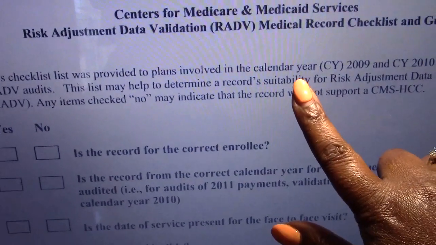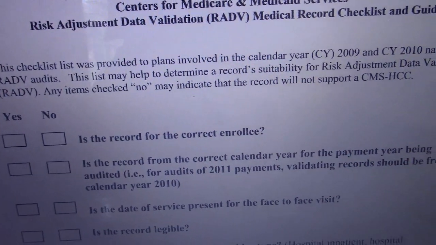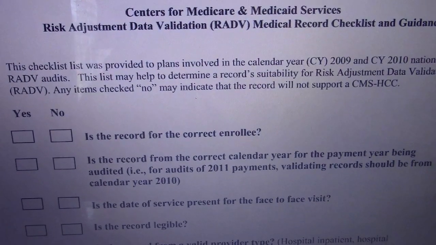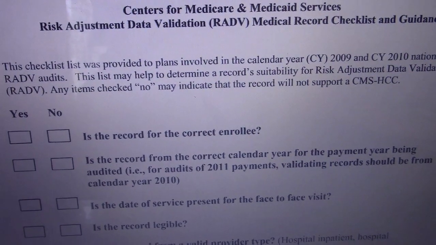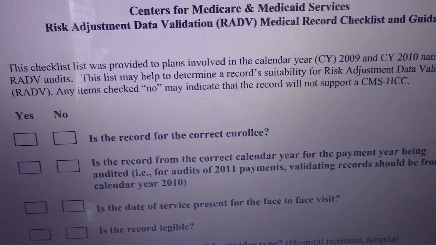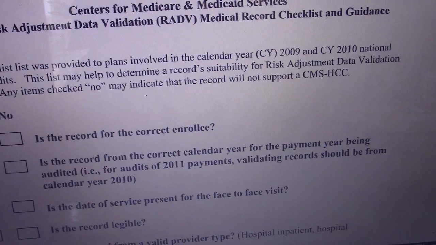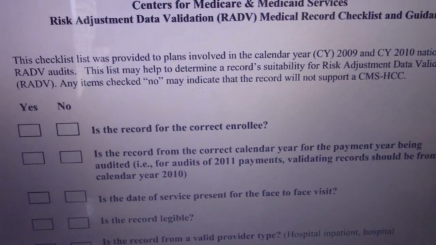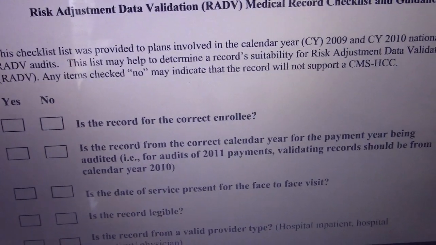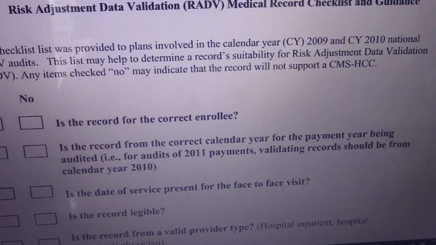Now notice it says that this checklist was provided to plans involved in calendar year 2009 and 2010. But when I checked the CMS website, this is the same checklist that is still up to date. Now this list may help to determine a record's suitability for risk adjustment data validation, and any item checked no may indicate that the record does not support the CMS HCCs.